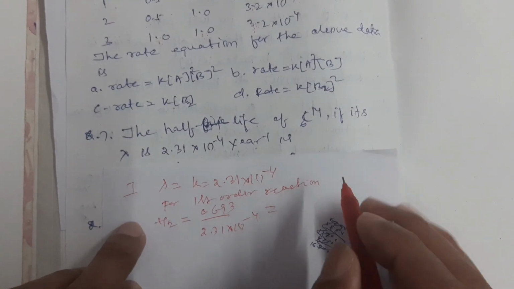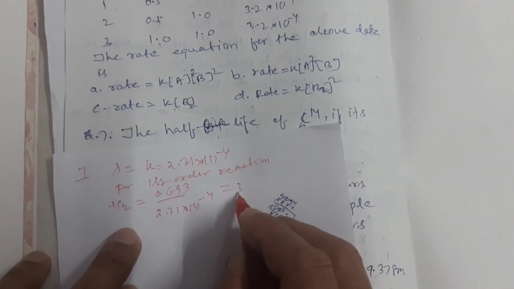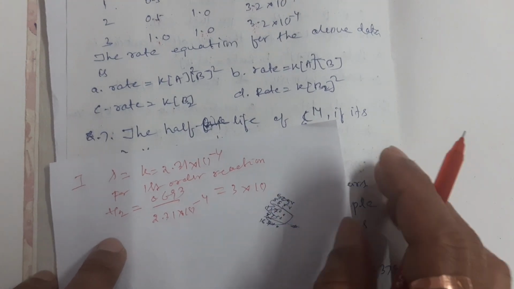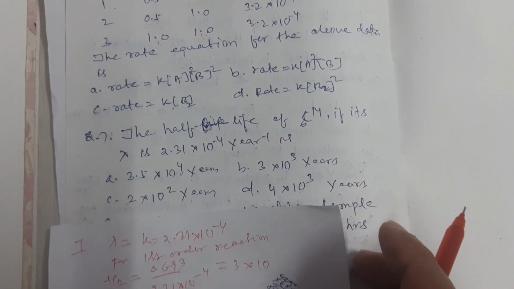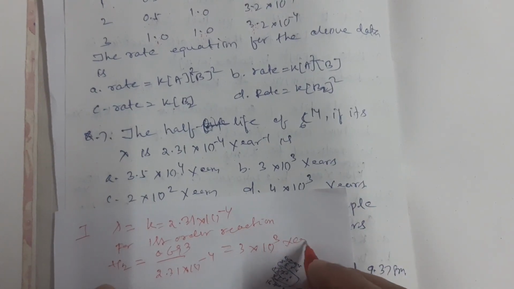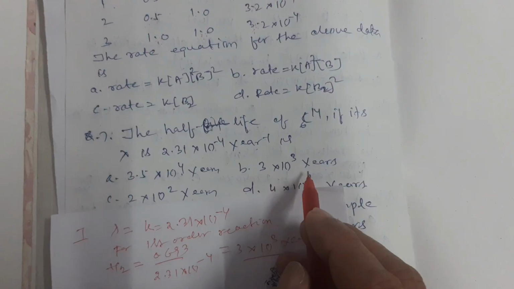So you will get 3 multiplied by 10 to the power 3 years. So choice B is the correct answer.